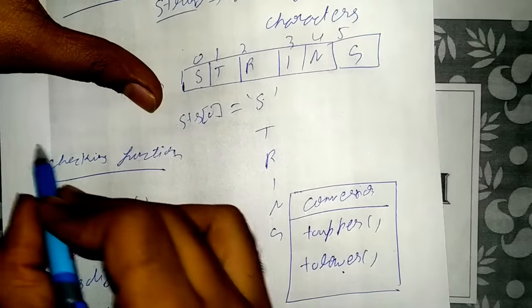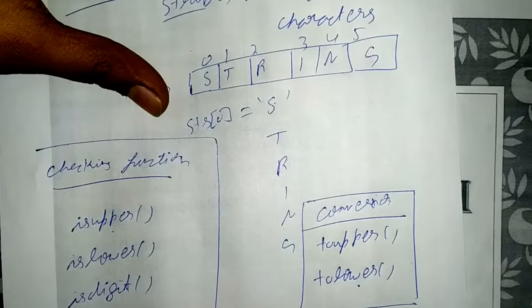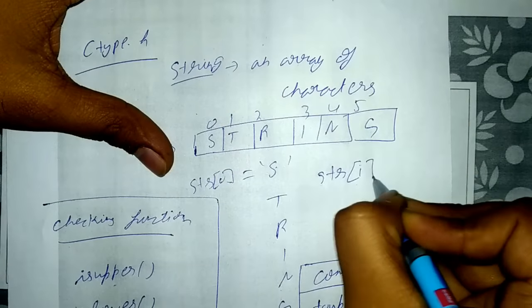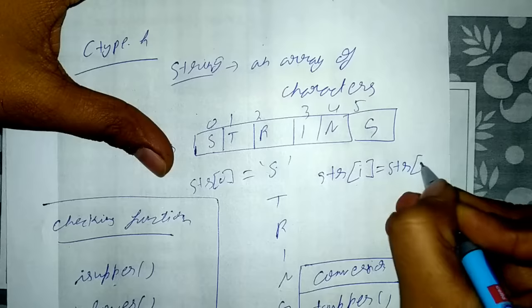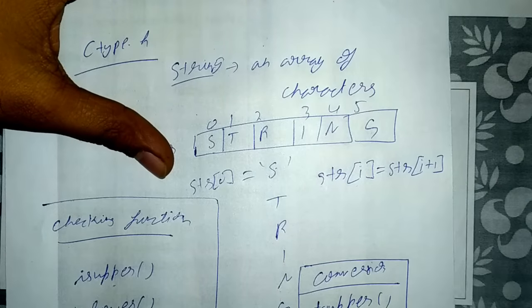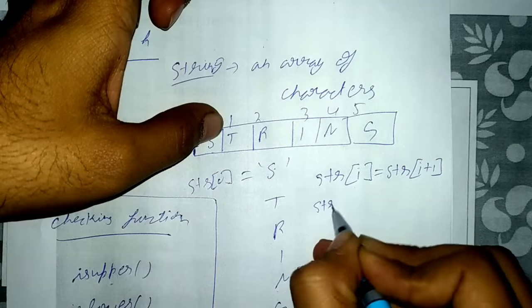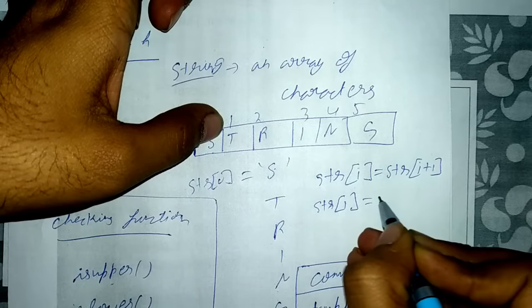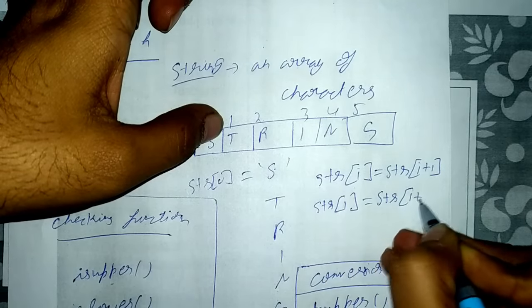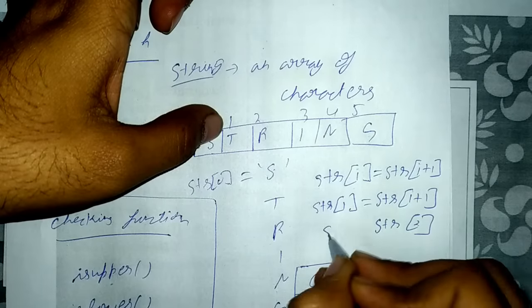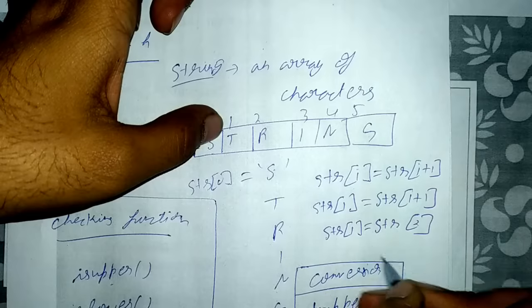Except all these, there will be two more variations to change a string. Like str[i] = str[i+1]. Suppose we take the example of i as 1, then str[1] = str[1+1], that means str[1] = str[2].